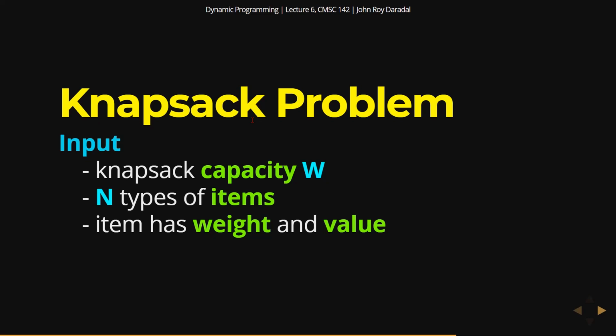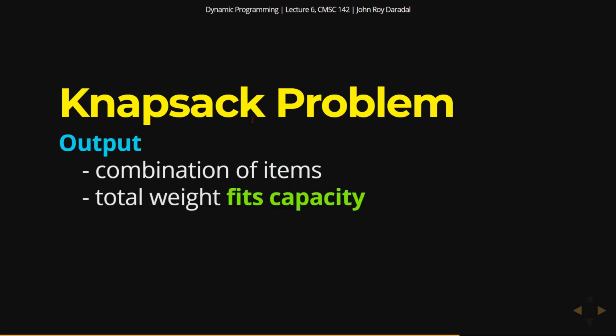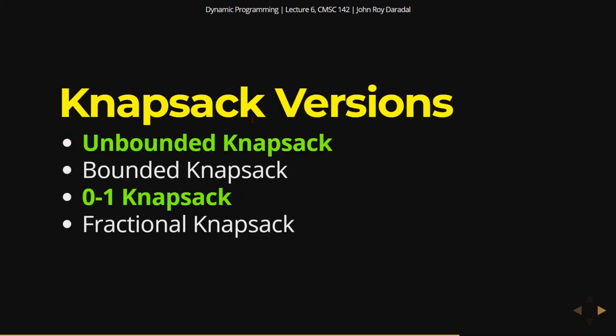The output is a combination of items such that the total weight of the items that we chose fits the capacity of the knapsack, and we want to maximize the total value as much as possible. So if we add up the value of the individual items, it is the maximum possible value. Okay, so that is the knapsack problem.